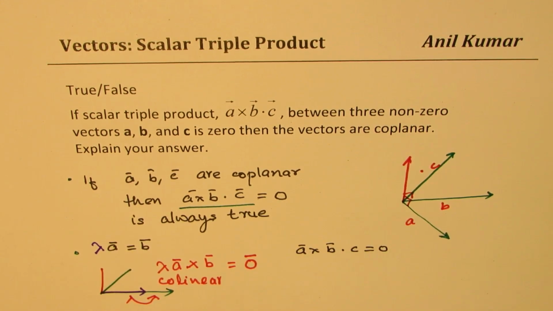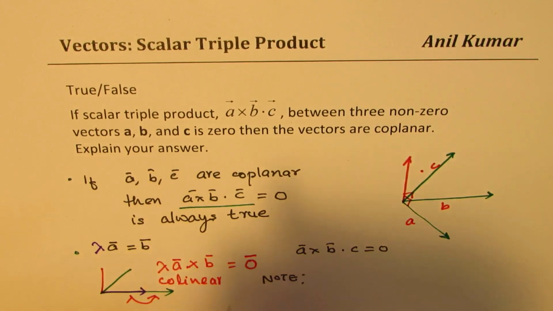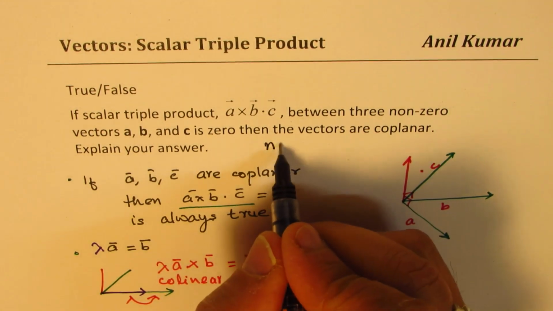So what we have to be careful to note is that the three vectors should not be collinear. There is a very important word which is missing here, and which is they should be non-collinear.